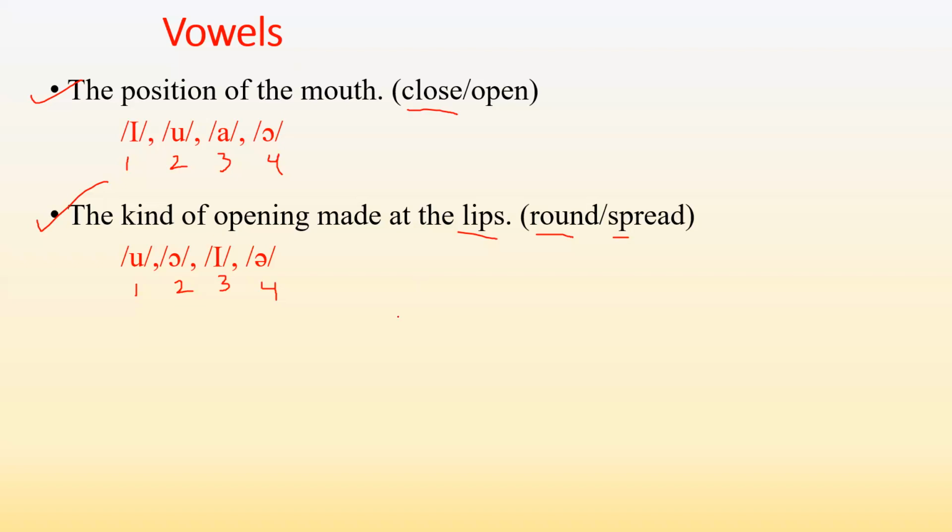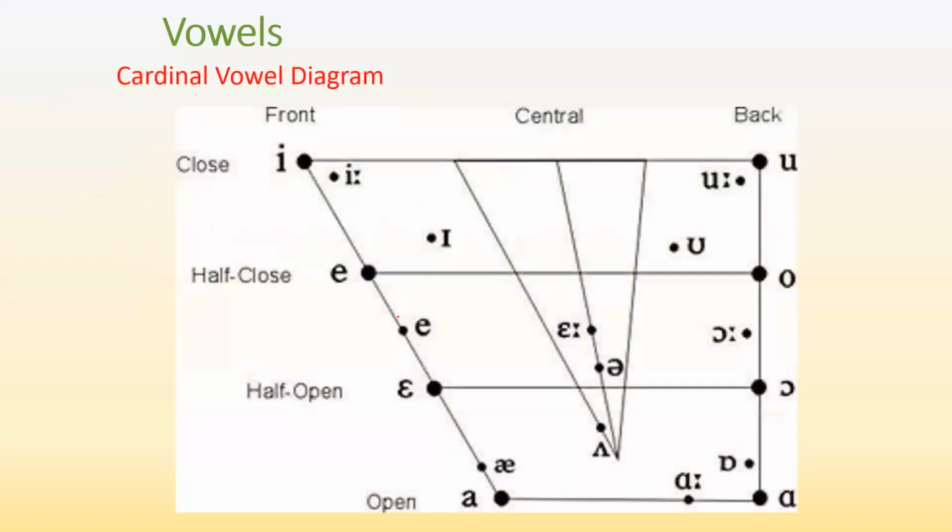Okay, right. And now we are coming to the cardinal vowel diagram. Earlier I told you all these four phonetic criteria are represented in the cardinal vowel diagram. Now we know, unlike the consonants, the vowel classification and identification are quite difficult because one vowel is different from another vowel very slightly.